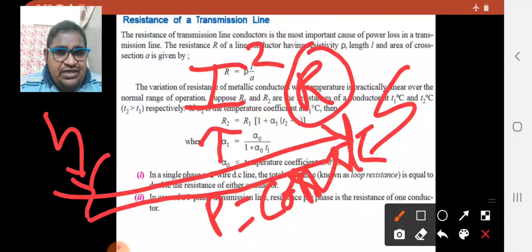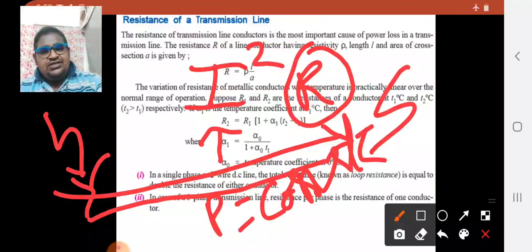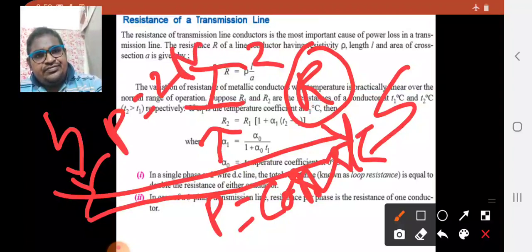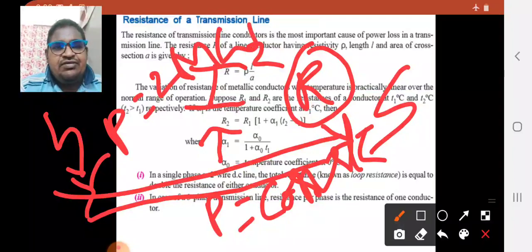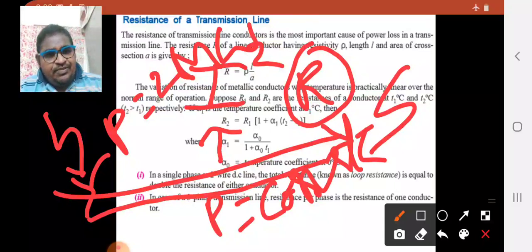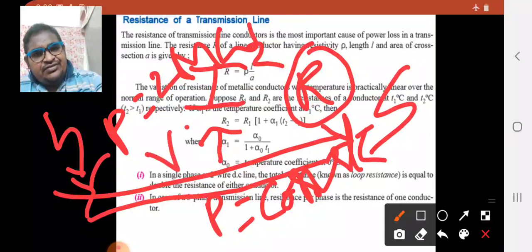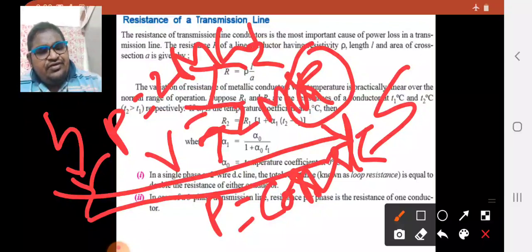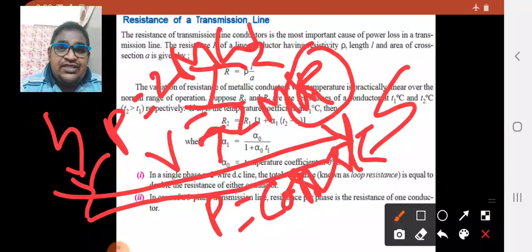When the power is constant, what is the equation for power? P is equal to VI. If I increase the voltage, suppose P is equal to 2 megawatts, and V is equal to 2 megavolts, then I is equal to 1 ampere.